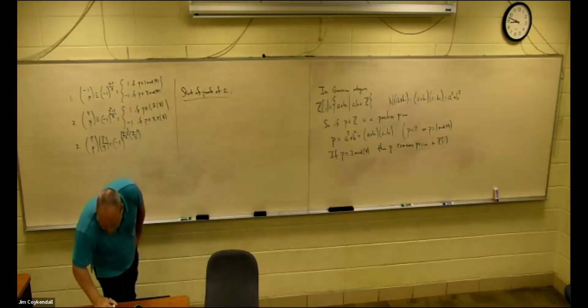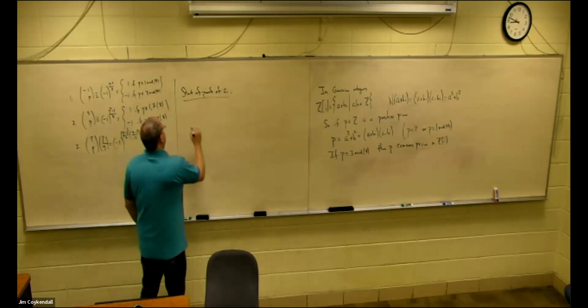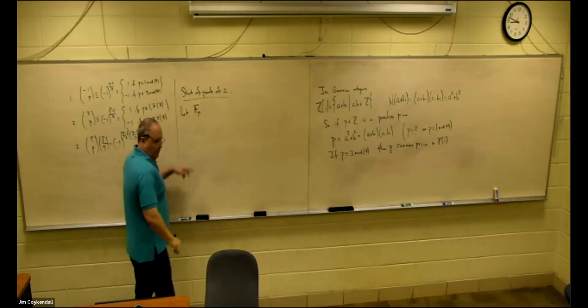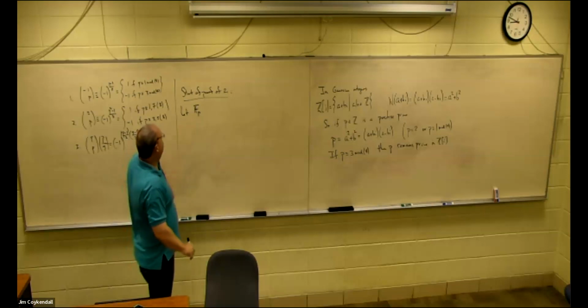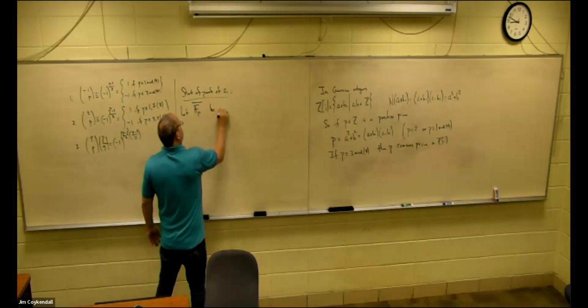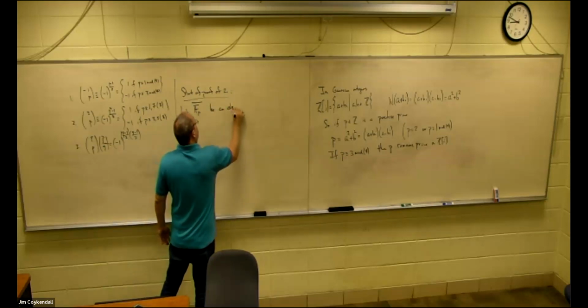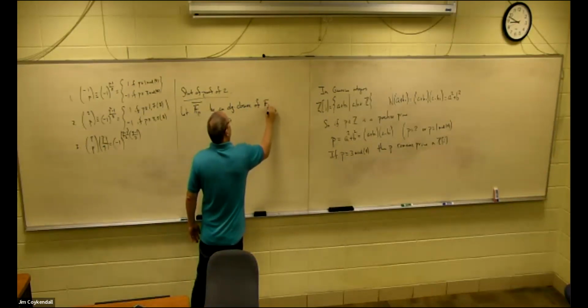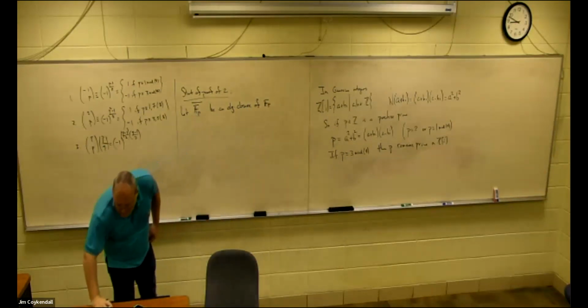What I want to do is let F_p, the field of p elements, Z mod p if you will, and let this be an algebraic closure of this field of p elements again.